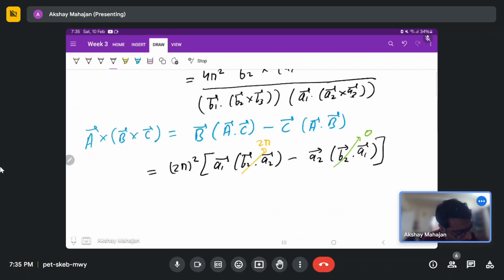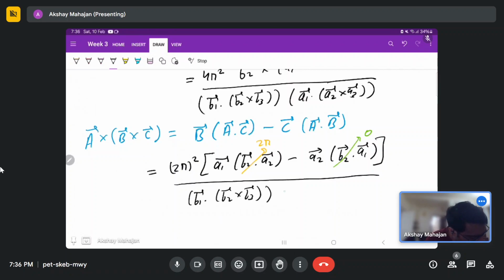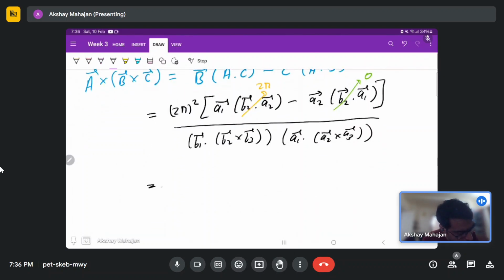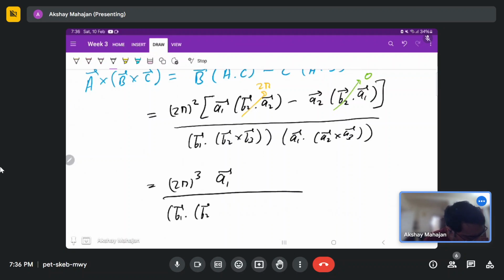Also in the denominator we have b1 vector dot b2 vector cross b3 vector, and we have a1 vector dot a2 vector cross a3 vector. So from here we have 2 pi whole square, whole cube now. We have 2 pi here as well, times a1 vector divided by b1 vector dot b2 vector cross b3 vector.